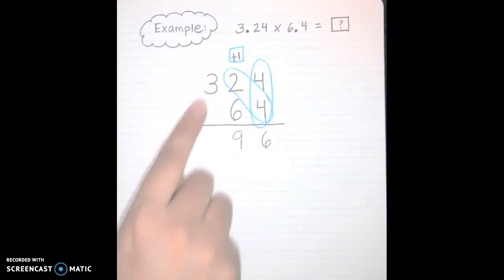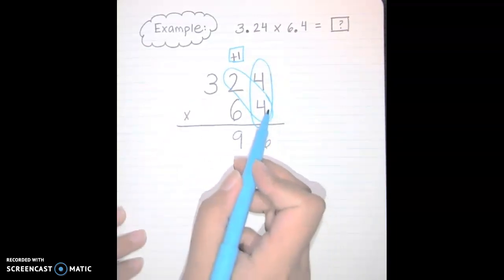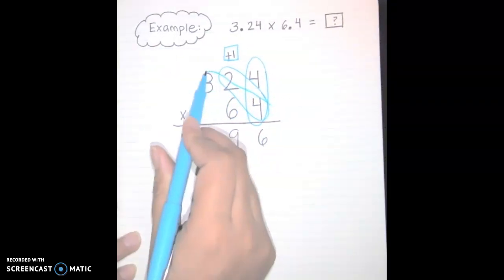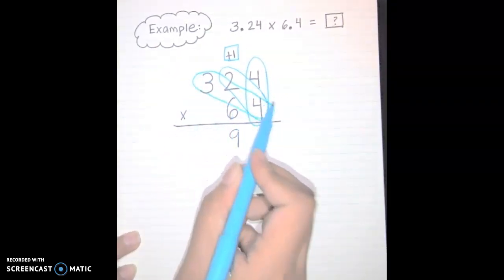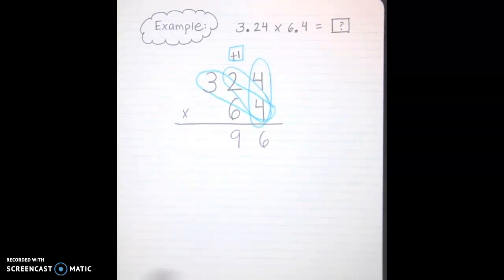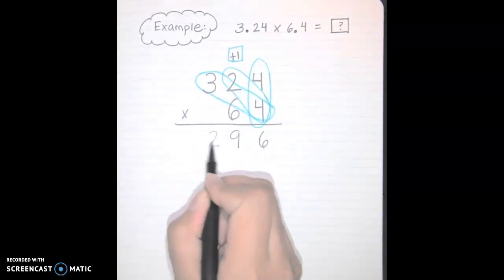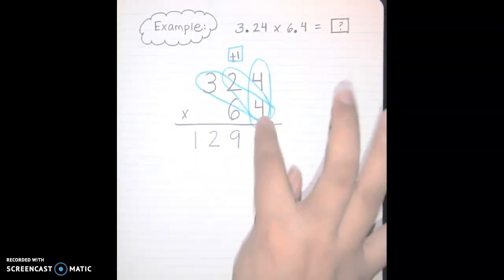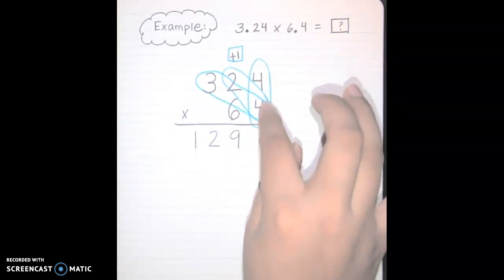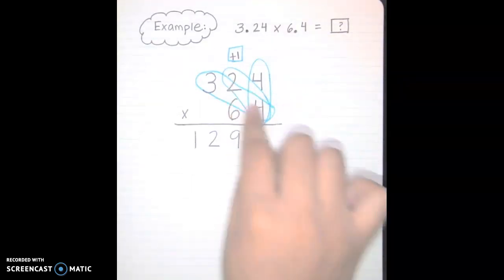Next, the hundreds place: 4 times 3 equals 12. There's nothing on top, so I just write down 12. I'm done with the 4, having used it with the ones, tens, and hundreds places.